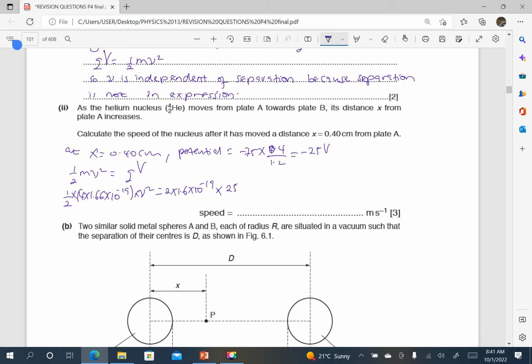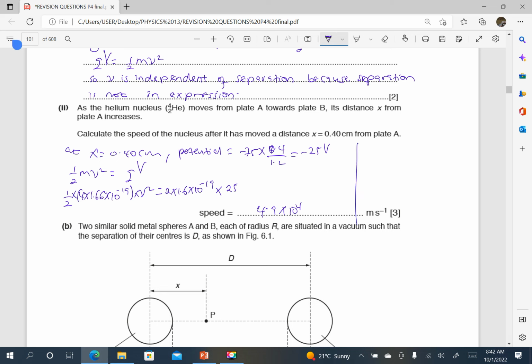This gives me the speed as 4.9 times 10 power 4.